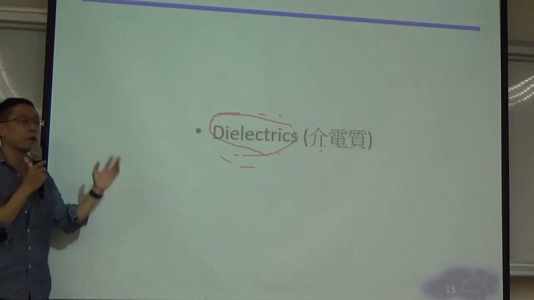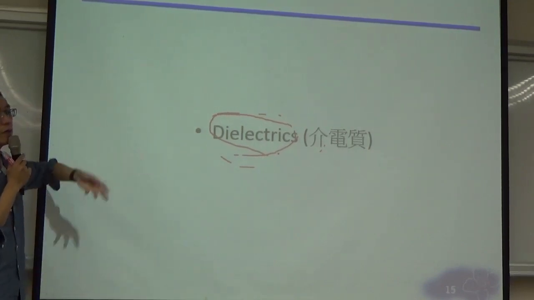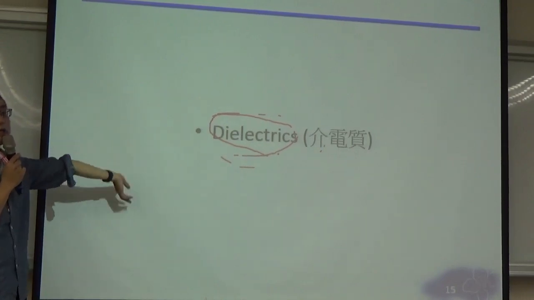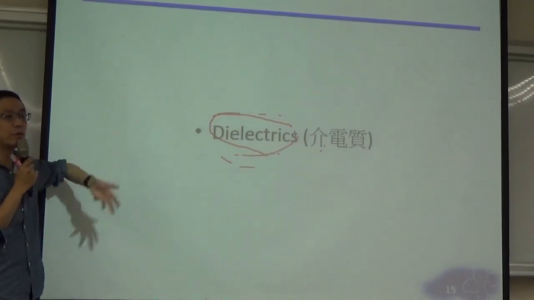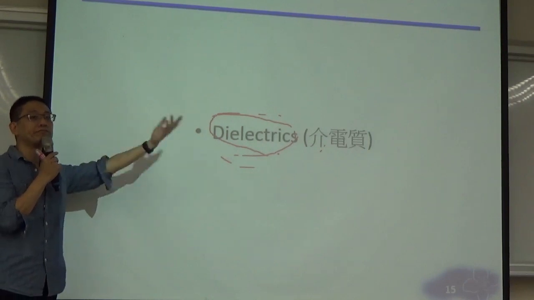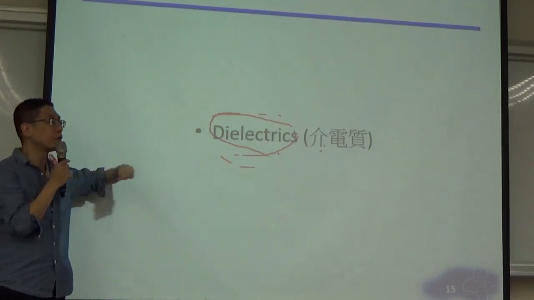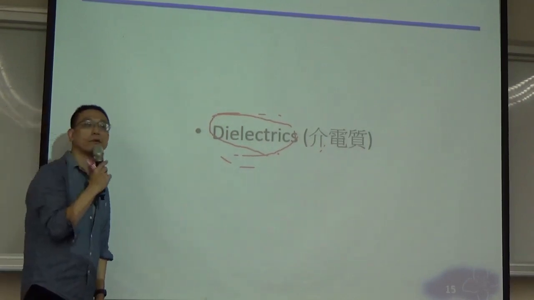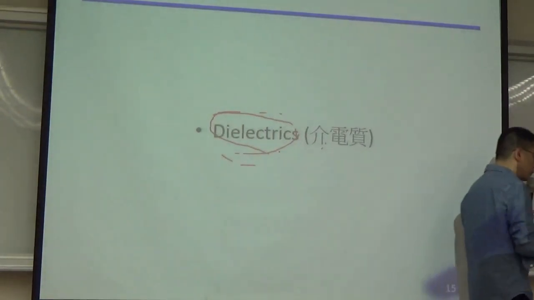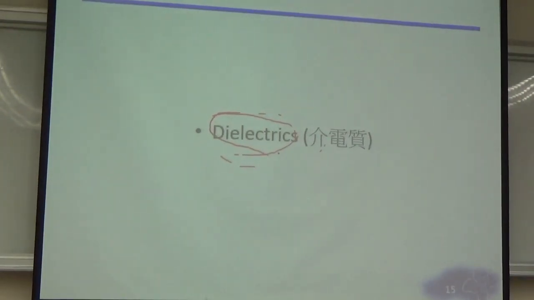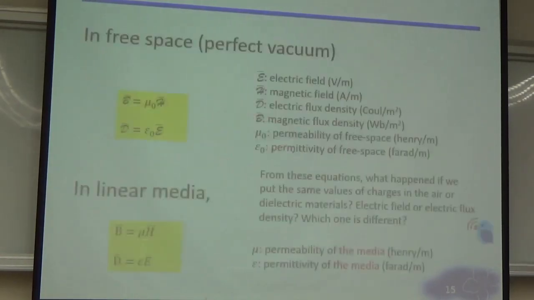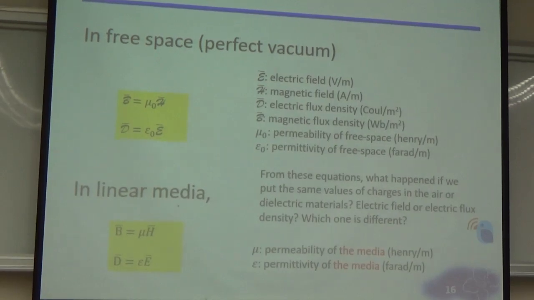This is why we spent so much time reading another textbook to go through the difference between conductor and insulator, or dielectrics. Those are different. For dielectric, we will deal with that here.